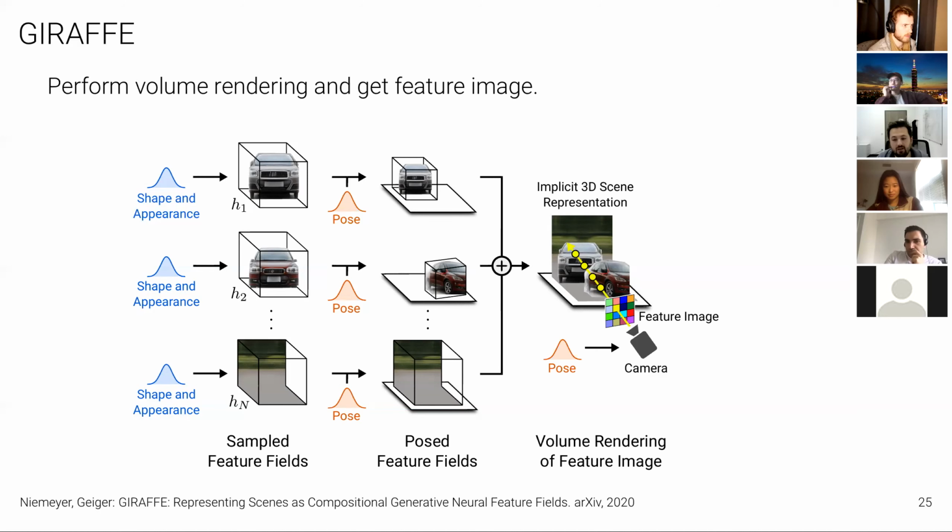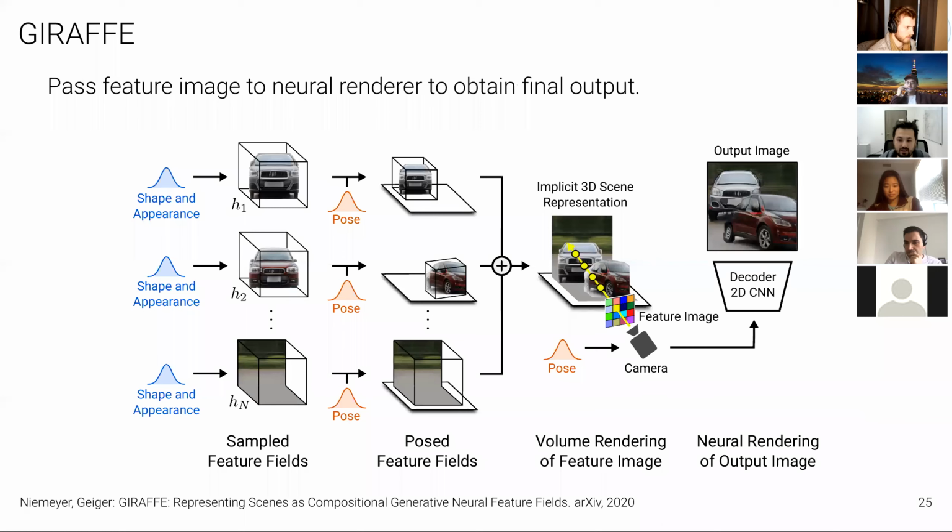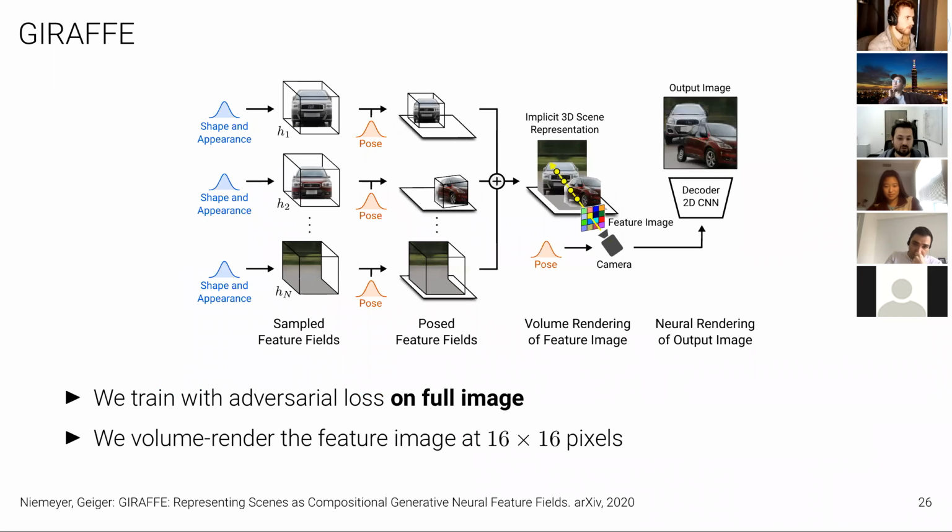So instead of rendering RGB color values, we now render feature images. We pass this feature image to our neural renderer, which is a 2D CNN. This neural renderer gives us the final output, an RGB color image of a specific resolution.